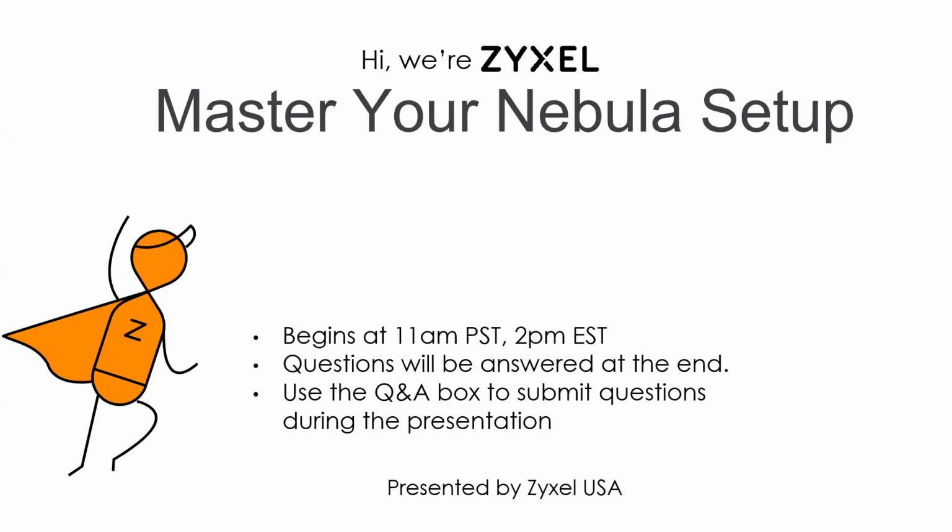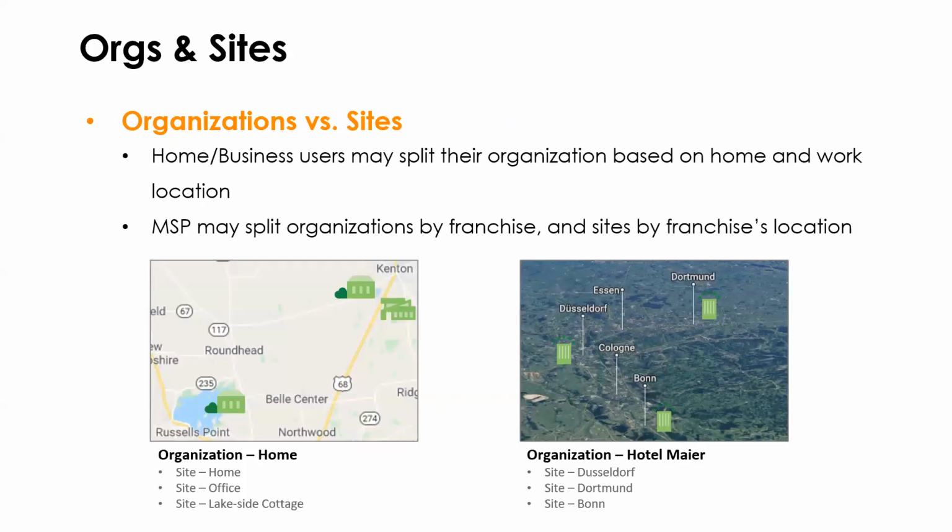So the first thing to talk about is how Nebula organizes your customers. So the difference between an organization and a site. When you go into Nebula the first time you are creating or trying to use Nebula, it will prompt you to create an org and it will prompt you to create a site.